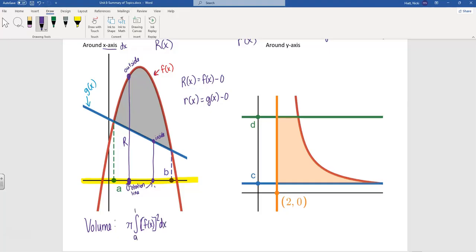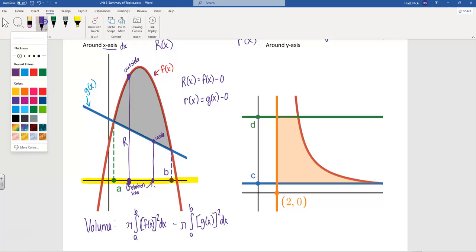Limits come from the x-axis, a to b, minus pi integral from a to b of g of x squared. And for today, there's no need to put those together unless you just like to. You can, that'd be fine if you just want to put it there.